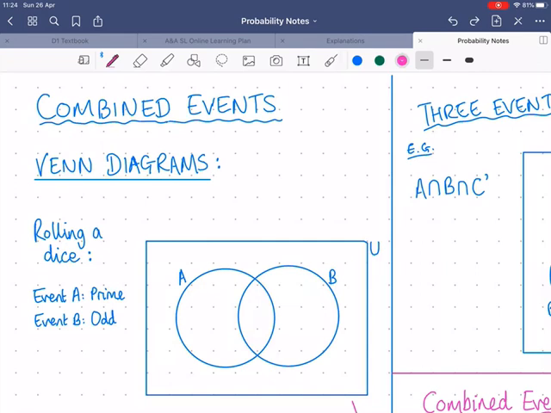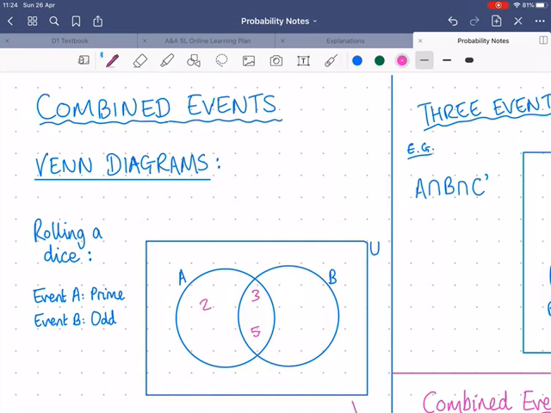Now firstly, probably the most important is what goes in this overlapping section here. So 3 and 5 are both prime numbers and odd numbers, so they need to go in both circles, so they go in this overlapping section.